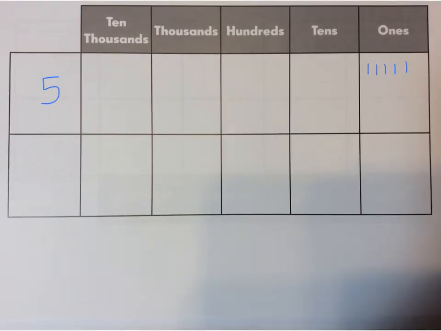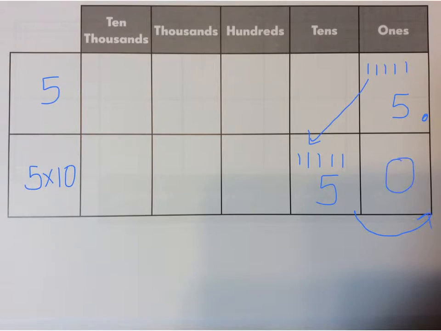So when we have 5 counters and we multiply 5 by 10, counters move to the left, and there's nothing in the right, and the decimal is after the 5, and so it moved one place to the right. Nothing is there, so we've got to put a 0 in the ones column.